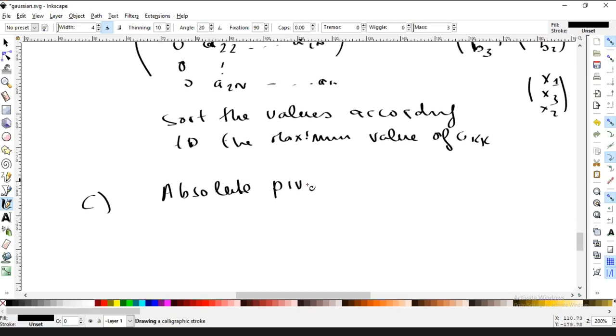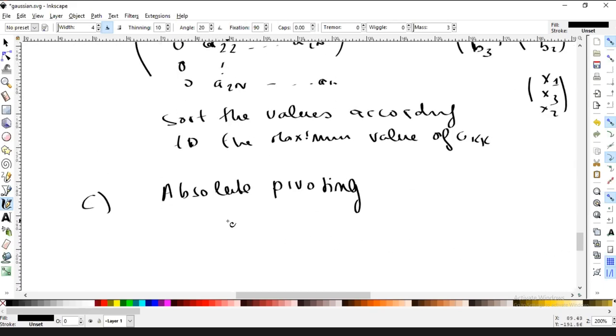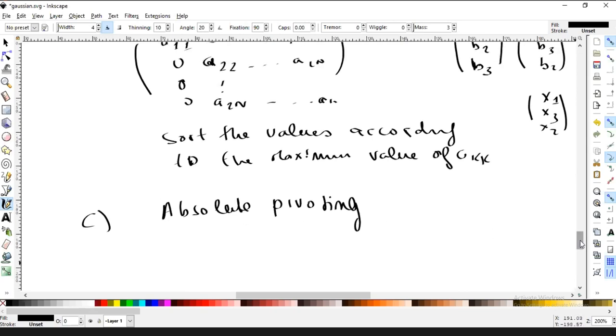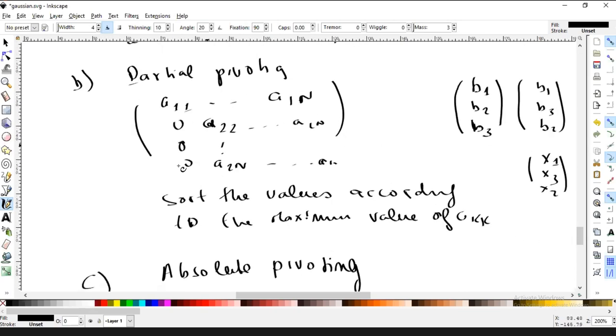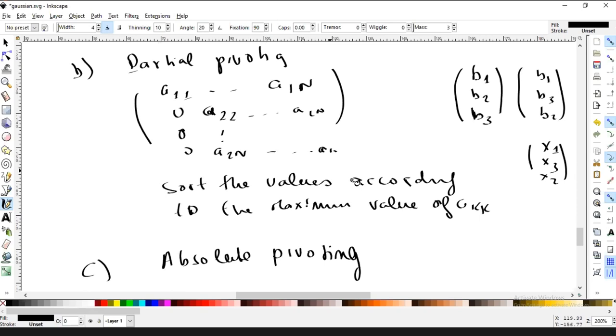Now you also have the absolute pivoting, where you will search not only for the maximum of the line, but the maximum of the column. We search for all the elements. This is not very much used, but for example, if A42 is the maximum value of all this remaining matrix, I switch not only the line, but I switch the column also.